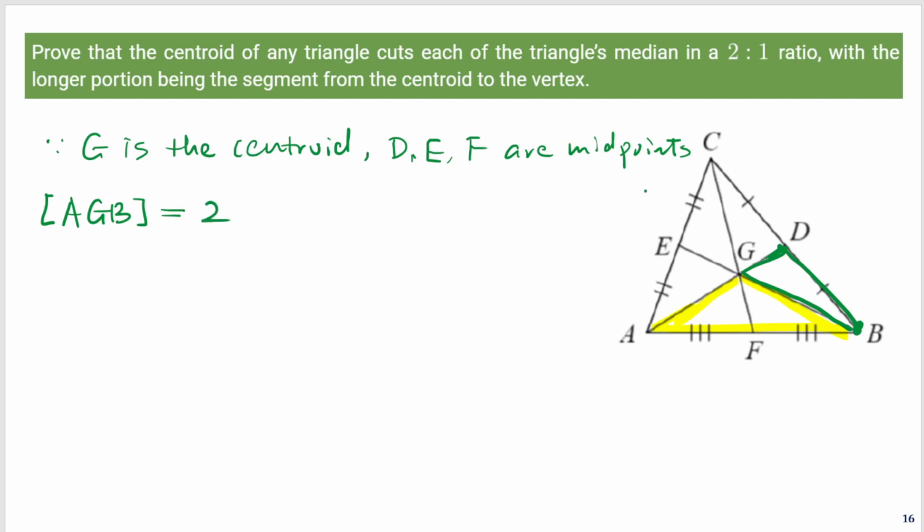And that should be twice the area of the triangle GDB, right?